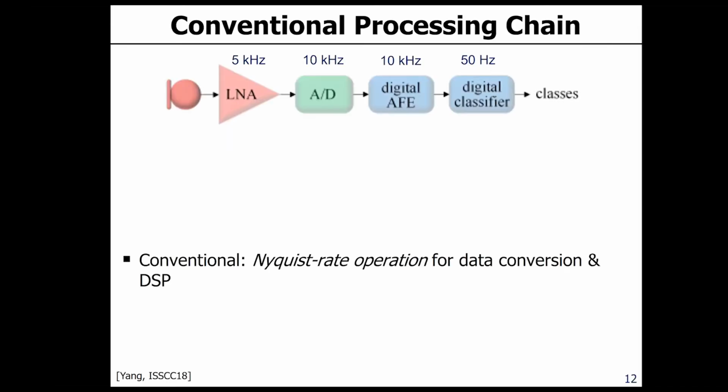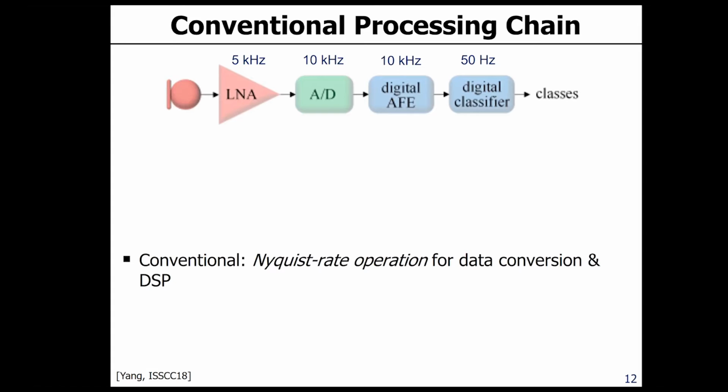Okay, so I redraw the same thing that I showed in the previous slide, essentially the process steps of the keyword spotting system. It starts with the LNA, analog to digital converter, digital feature extraction, and then digital classifier, and the result coming out, right? And here I put some frequency numbers on top of it, which represent the speed requirement of these circuits.